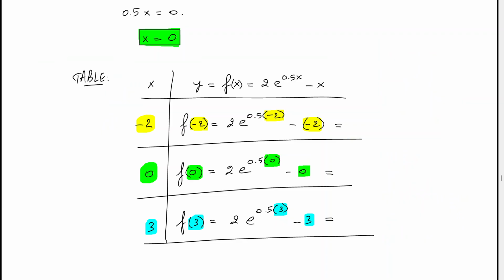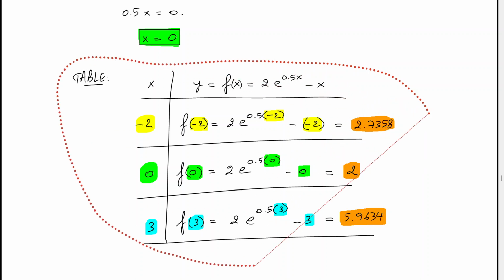The first one was 2.7358. The second one was 2. And the last one was 5.9634. So these are the y coordinates, and one of them is the biggest and one of them is the smallest, and we need to confirm which one is the biggest and call it maximum, and which one is the smallest and call it minimum.